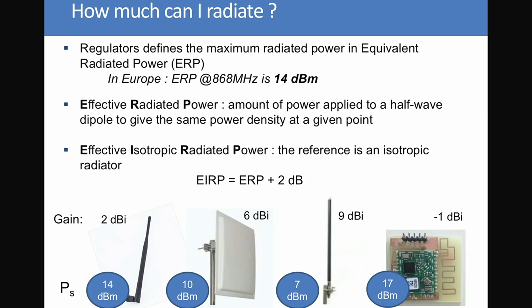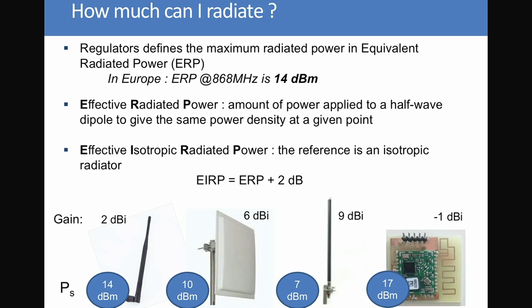So the regulator is saying you can radiate an ERP of 14 dBm. If I'm using a dipole, a dipole has 2 dBi of gain, so I can use my output power of 14 dBm.